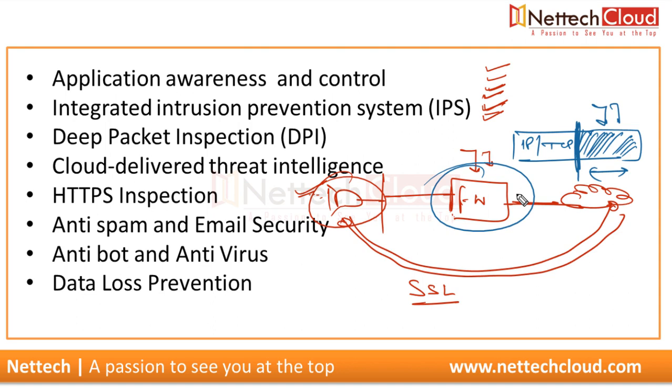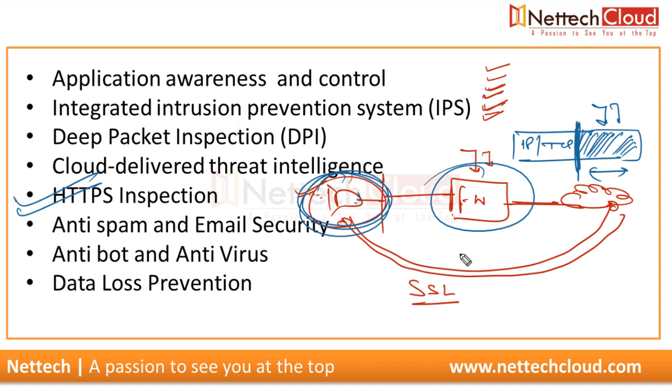decryption key, right? So in order to do decryption and all that, most of the firewalls provide SSL decryption or HTTPS inspection. At this point of time, just a very high level overview: HTTPS inspection means that at first place the client or user is not allowed to negotiate a tunnel end to end.